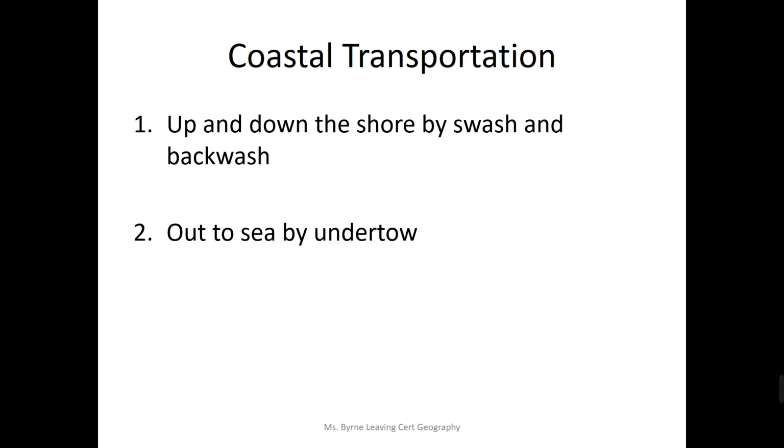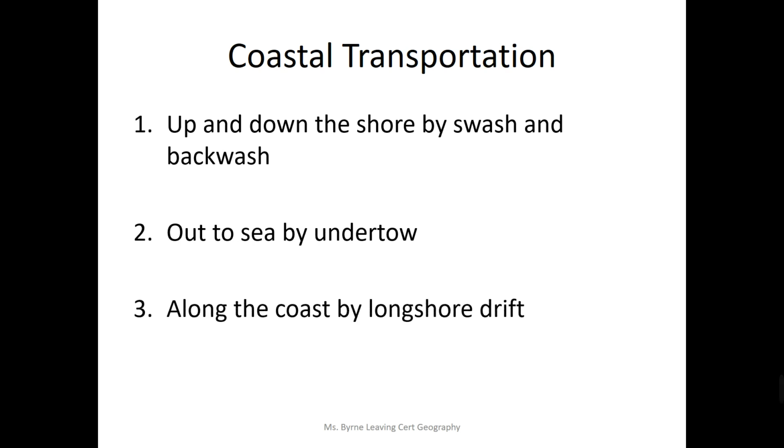Okay, undertow is when you're standing where the waves are breaking and you feel a little bit of a suction when the wave goes back out, like it's pulling you back out. That's the undertow. And I spent a long time talking about it, and we're not that concerned about it.